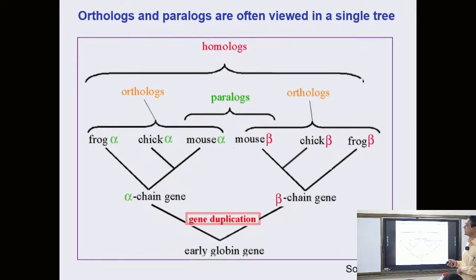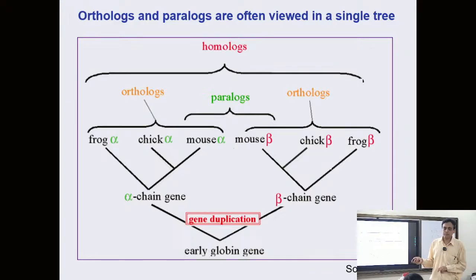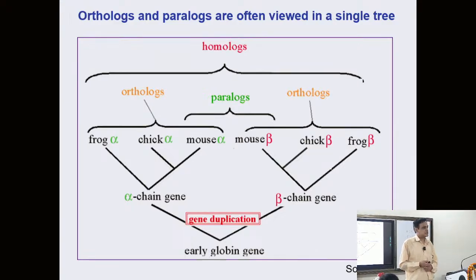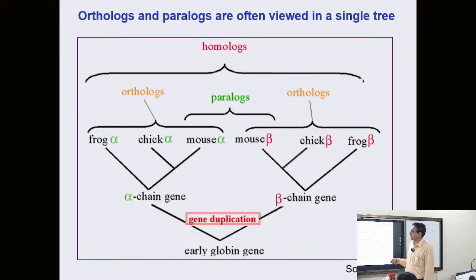So they are called paralogs. You can visualize orthologs and paralogs in a single phylogenetic tree, and the phylogenetic tree can help you in inferring whether the sequences are orthologs or paralogs. Let us try. There was an early globin gene in the last common ancestor, say. Then a gene duplication event happened in the genome of that ancestor, resulting in an alpha chain gene and a beta chain gene in the ancestral genome.